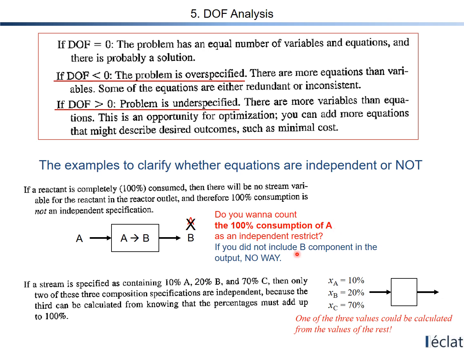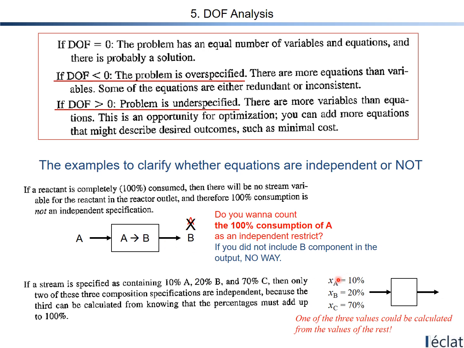Since you did not include A in the output, you should not count the condition as an independent restriction. You have already included that condition in the block flow diagram.